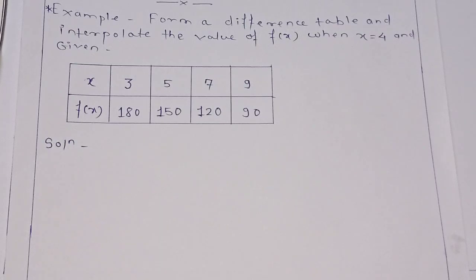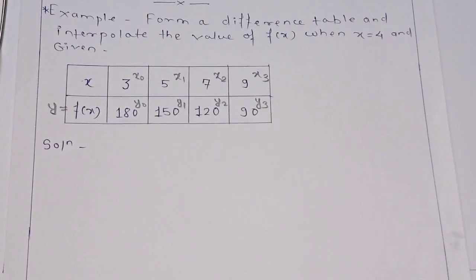Here the values of x are x0 equal to 3, x1 equal to 5, x2 equal to 7 and x3 equal to 9, and they are equidistant at equal intervals from each other, that is equal to 2.